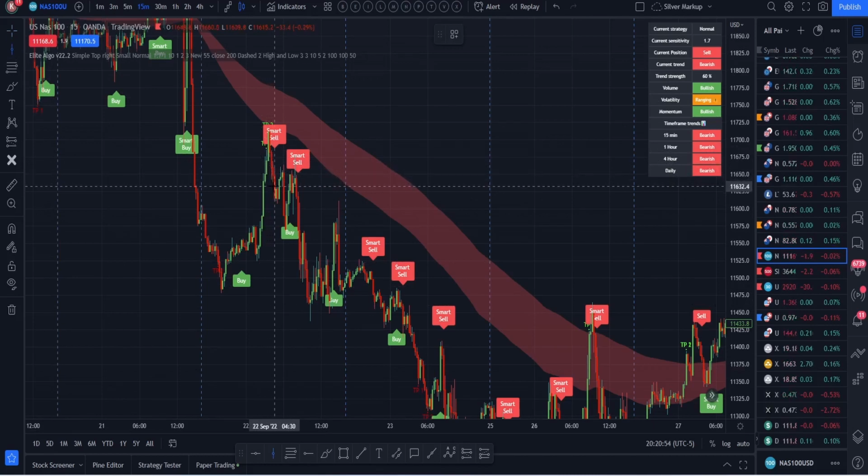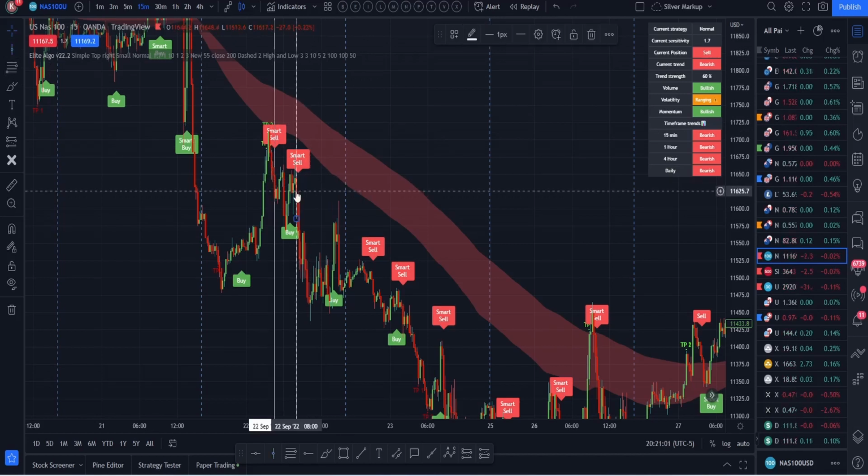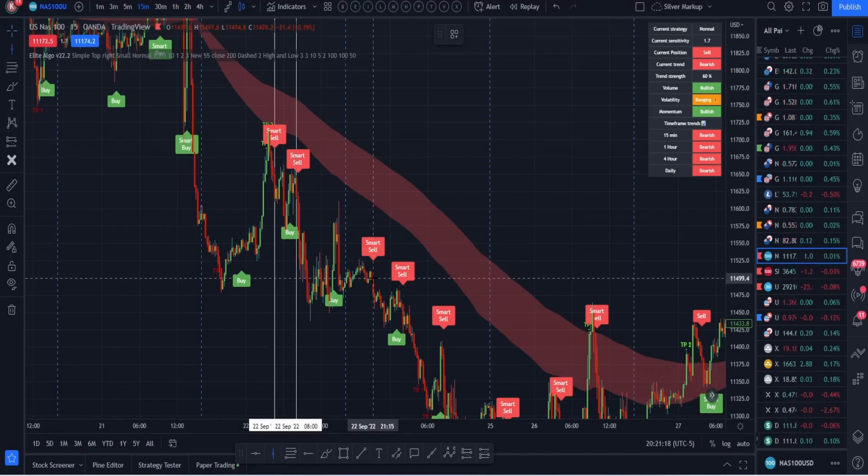So I look here, and this is something that you can do when you first start trading a pair, because with Elite Algo, it focuses on getting you good entries on specific pairs that you have it on, because you don't want to be going too much back and forth with Elite Algo, because Elite Algo is really good at maximizing a pair. So going into it, these positions look pretty good.